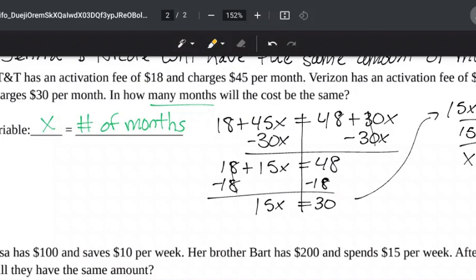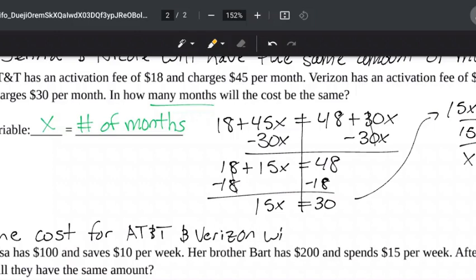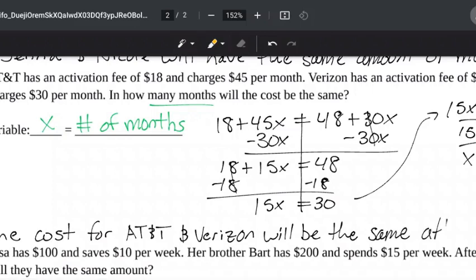We get x equals 2. So we need to write it in a complete sentence. We will say, I'm going to start this one farther to the left so I have enough room. The cost for AT&T and Verizon will be the same after 2 months.